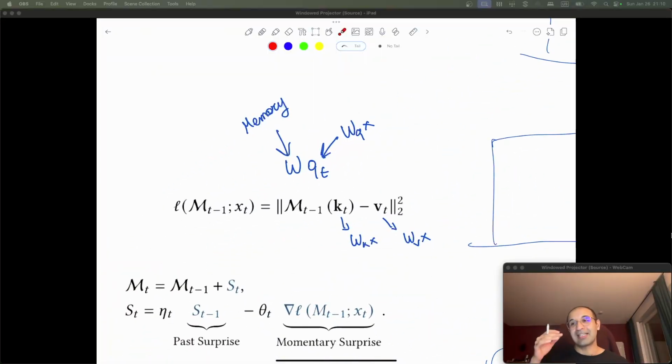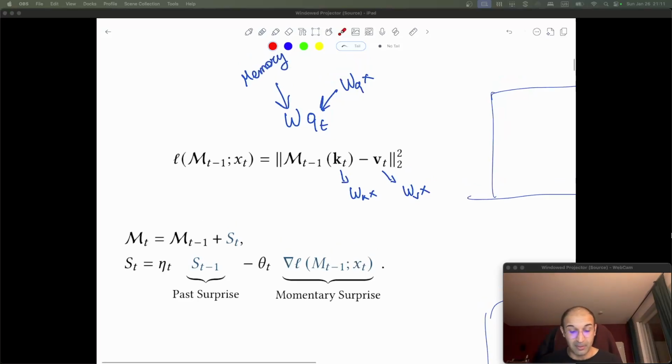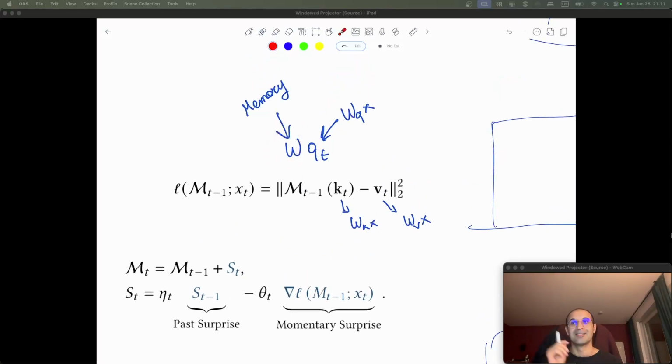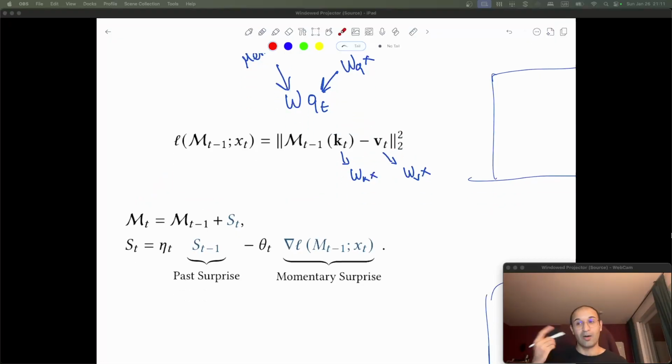So they compute the gradient of this loss with respect to the parameters of the model. What are the parameters of the model? W, okay? So they compute the gradient of this loss with respect to W, and then we need to update W. How do we update W? We need to compute this ST term here.